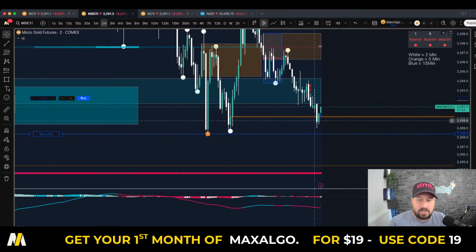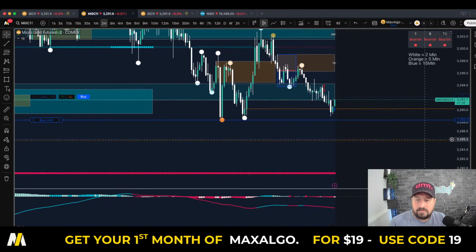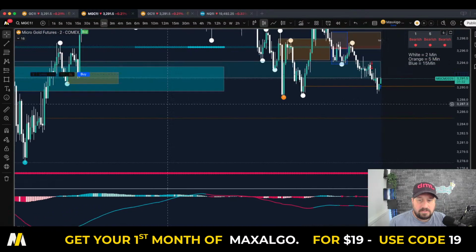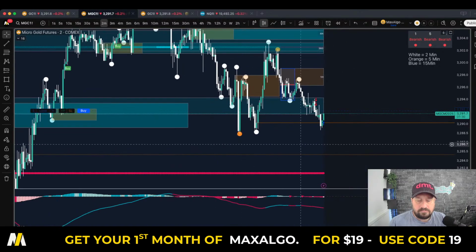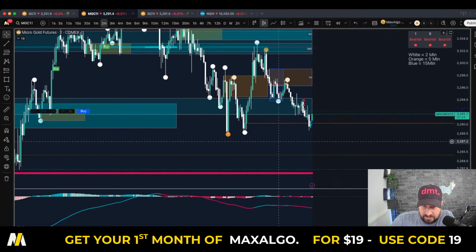Once we broke below, we didn't want to see price come back above. Off our limits. Got to work hard for another entry again now.